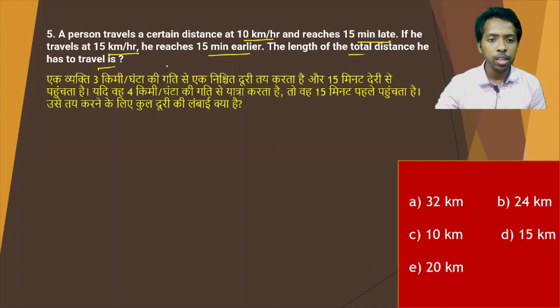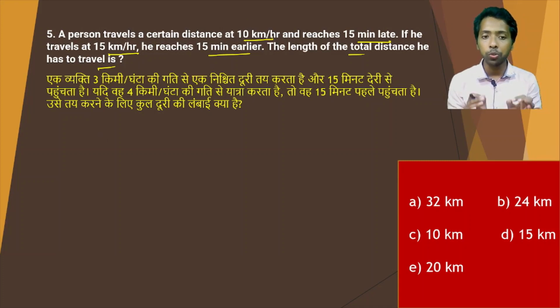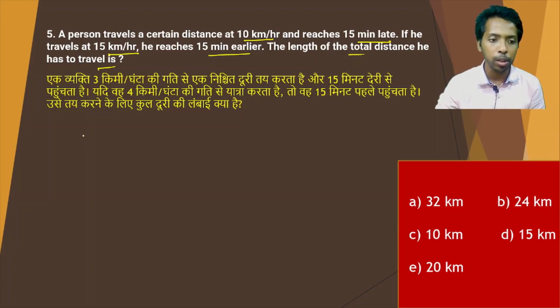So this is one form you can remember: whether two different speeds are given without mentioning the exact time it reaches the destination, and one is late, one is earlier, or both are late, or both are earlier, whatever scenario it can be, you can use this form here, that is the product of the two speeds, 10 multiplied by 15, divided by the difference in speed, into the difference in time.